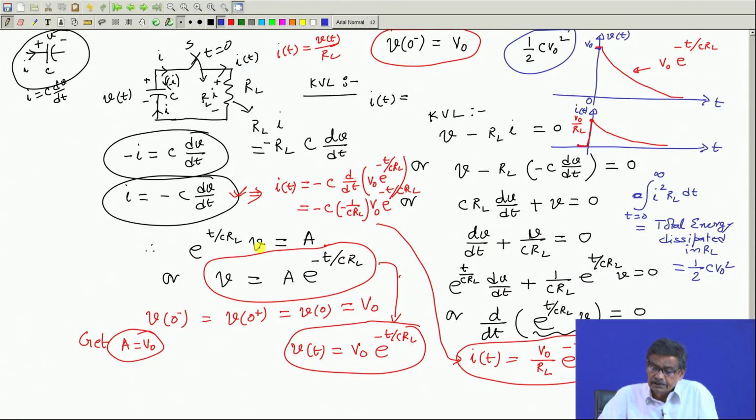Therefore, we have considered how to charge a capacitor, then how to retrieve that energy from this capacitor for practical use. Of course, this is not a very good use. If you connect a lamp, the lamp will glow, it will get dimmer and dimmer as the voltage across the lamp decreases.